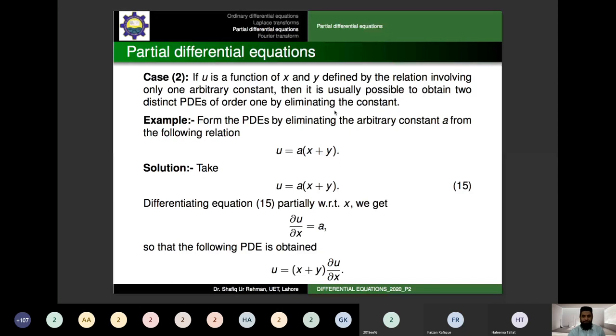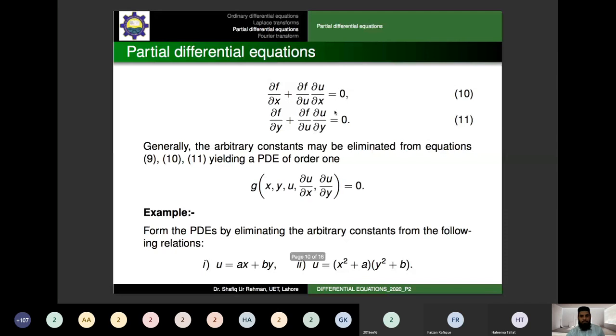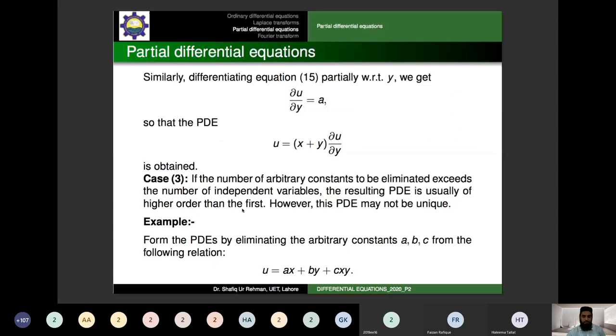The first case: the number of arbitrary constants is equal to the number of independent variables. Third one: when the number of arbitrary constants to be eliminated is greater than the number of independent variables, when they exceed the independent variables, the resulting partial differential equation is usually of higher order than the first.